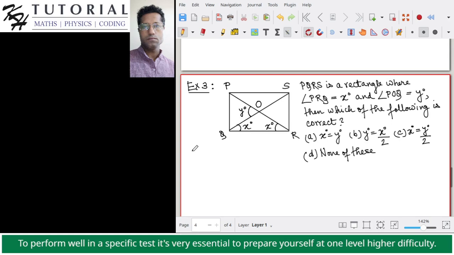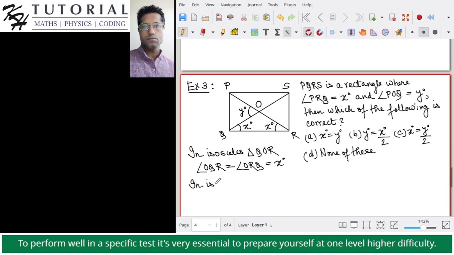So we can say that in isosceles triangle QOR, angle OQR will be equal to angle ORQ, which is given to be x degree. Also consider the isosceles triangle on the side PQ.